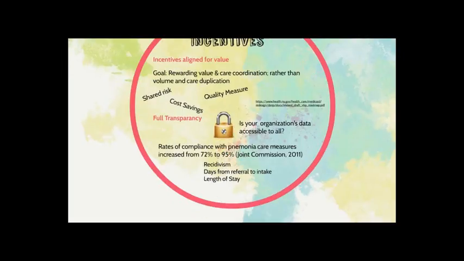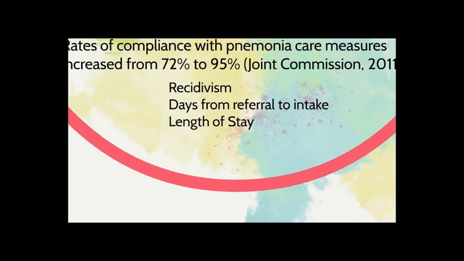Right. So three examples that we could use for transparency with data. The first is recidivism. How often are the people that you serve coming back to the emergency room, psychiatric hospital, the medical hospital? What are the number of days from the time a person is referred to services until they complete an intake and they're open for services?